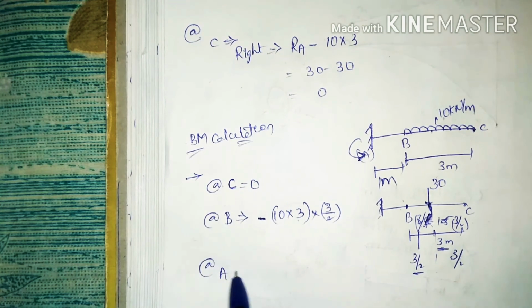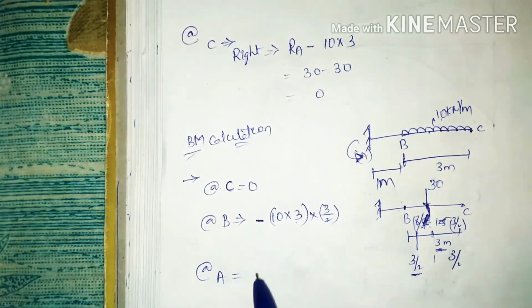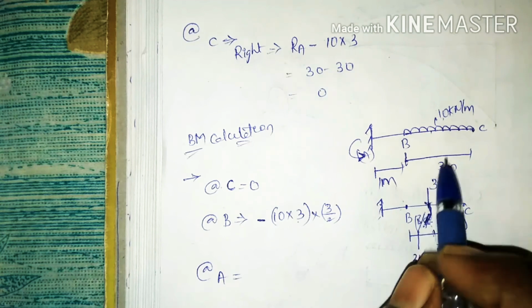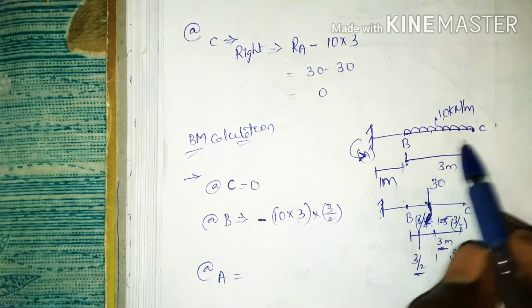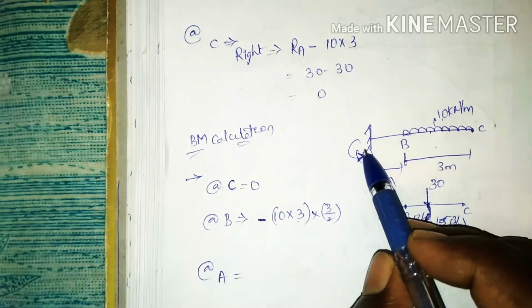Next, the moment at A. Here we are having a UDL only for the span of 3 meters, not for the entire beam.